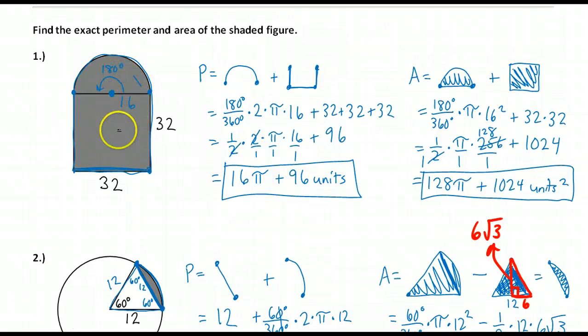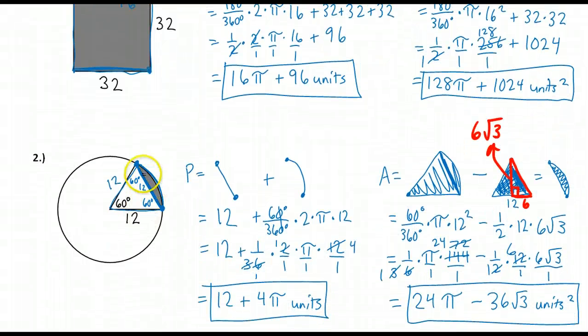In this case, I add because I'm going to take a square and add on a semicircle. In this example, to figure out this area, I'm actually going to have to subtract. So to figure out if I add or subtract for the area, I'm going to have to problem solve. Here I subtract because I want to get rid of this triangle to be left with just this sliver.